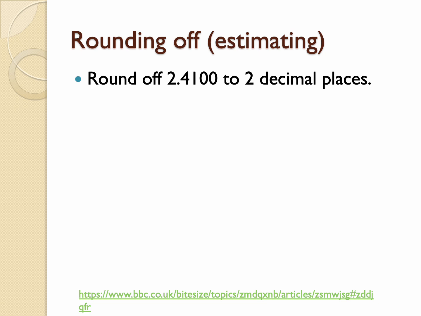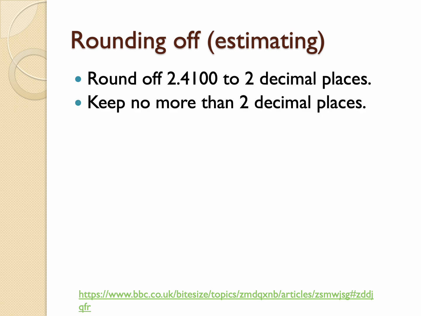This means keep no more than 2 decimal places, so no more than 2 digits after the decimal. So if we do that, 2.4100 becomes 2.41 because we keep ourselves to only 2 decimal places.